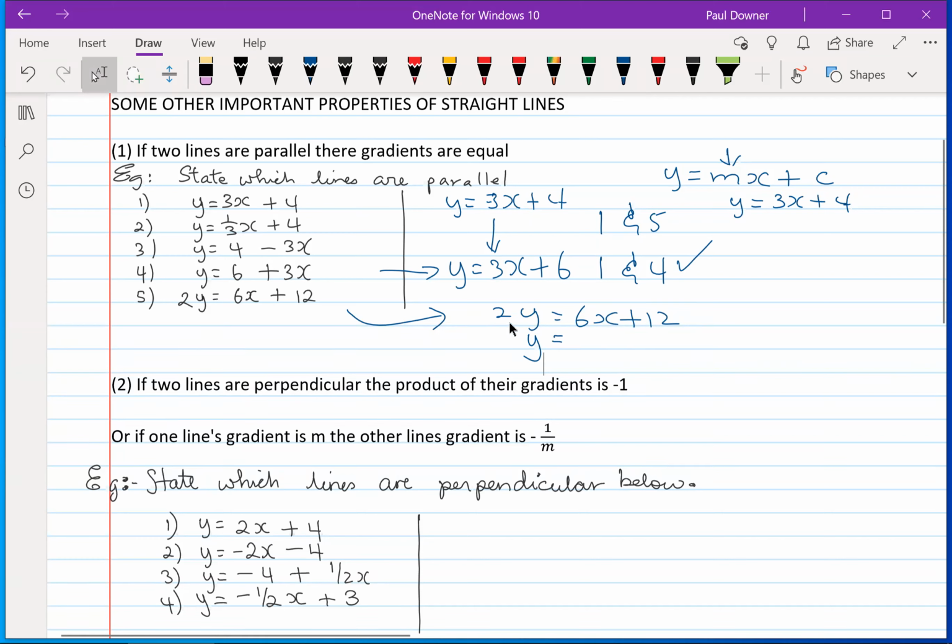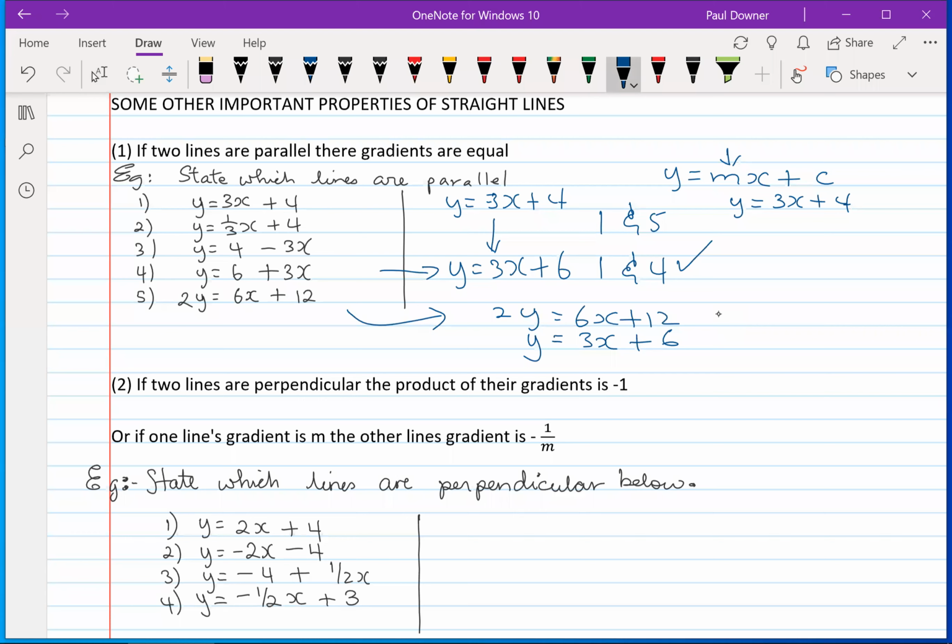So to put it in the form y equal to mx plus c, I have to divide this by 2. 2 into 6x is 3x, and I also divide the 12 by 2. 2 into 12 is 6. Now the number in front of the x is 3, and it is in the form y equal to mx plus c.